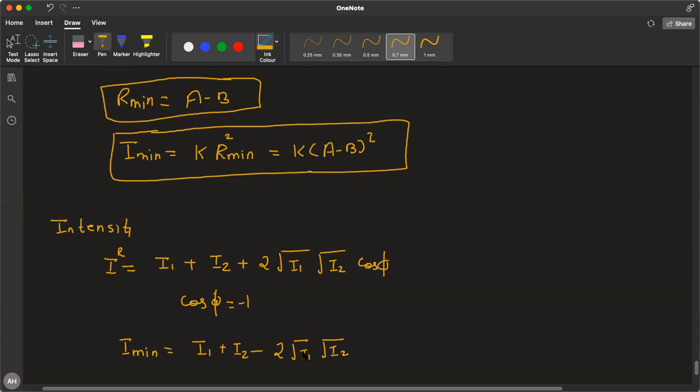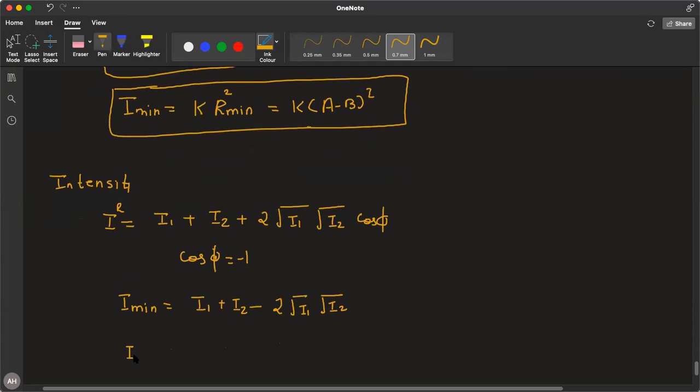Sanya, can you write this as square of something? Is this term square of anything? You can take help from the previous section. It's square of root I1 minus root I2.